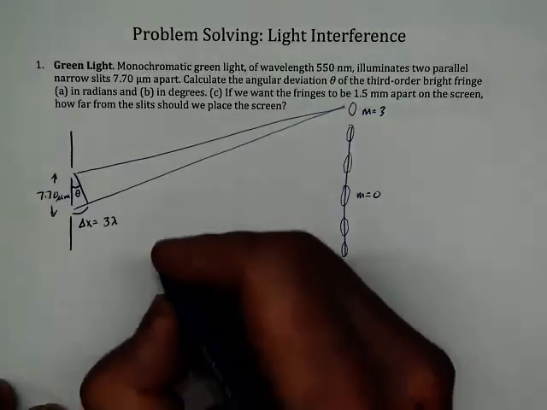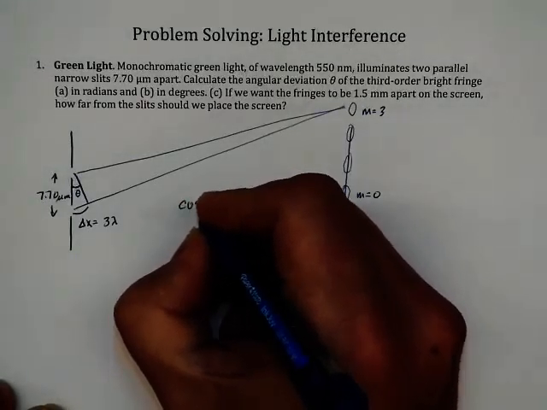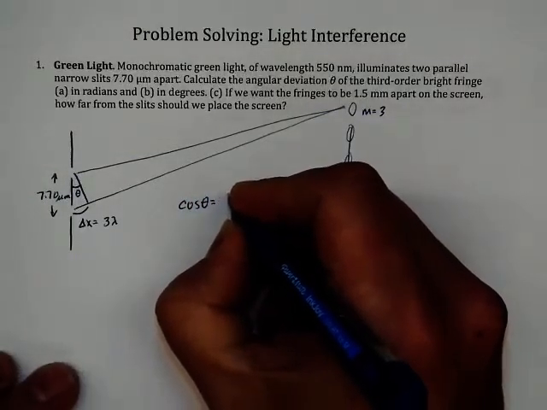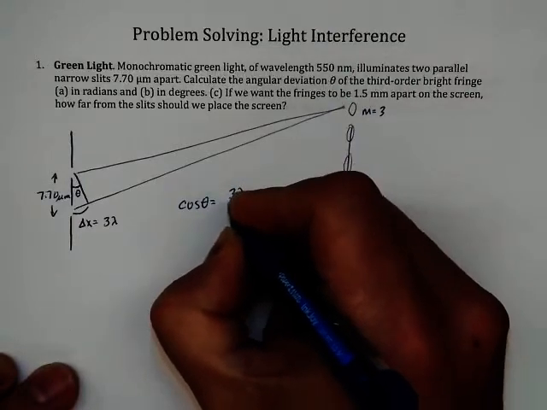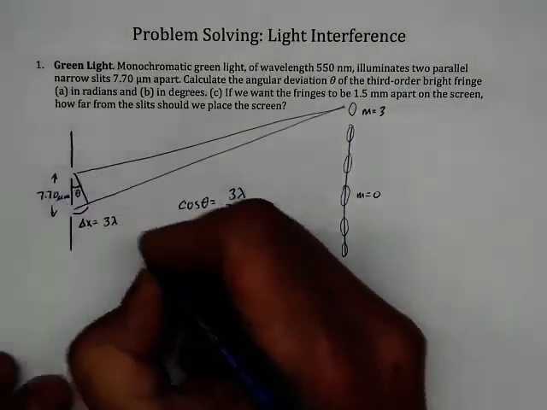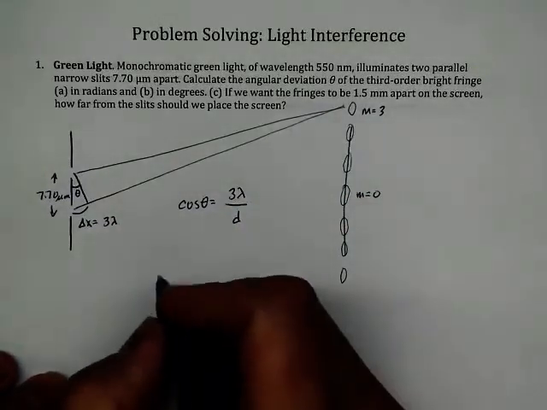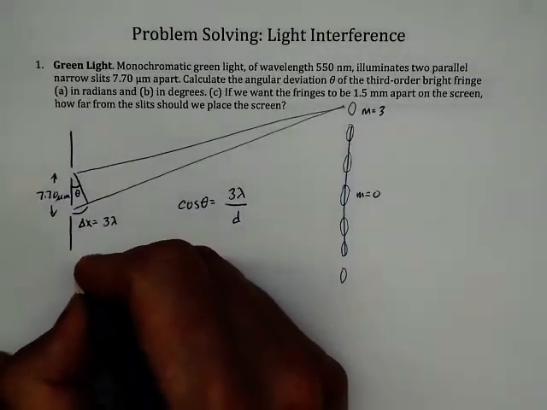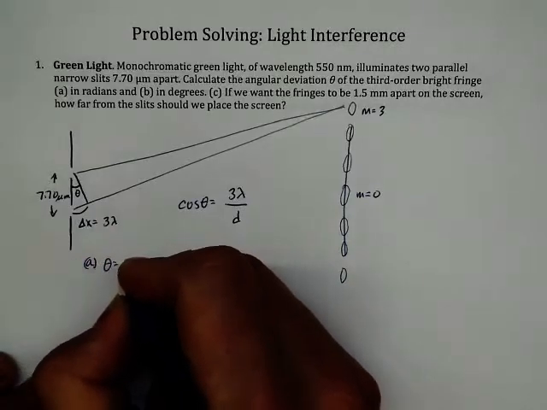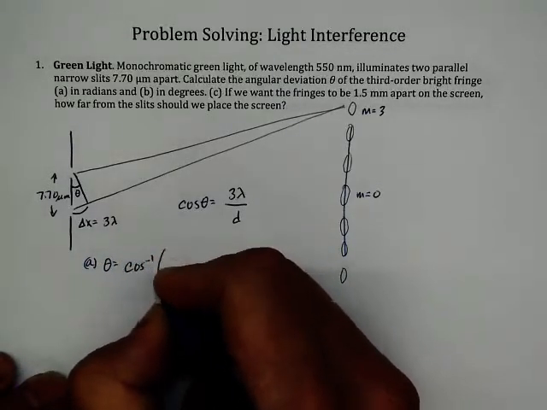So from that we can write that the cosine of theta is going to equal the opposite, so that's 3 times the wavelength, over the distance between the openings, which I'm just going to symbolically write as d for now. And that means that theta is the inverse cosine of that ratio.